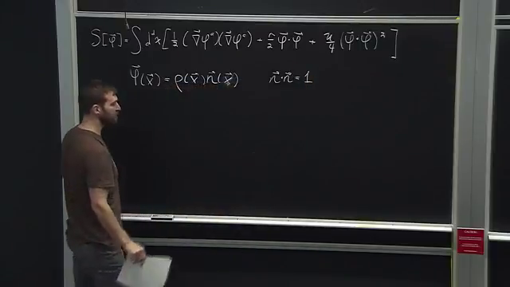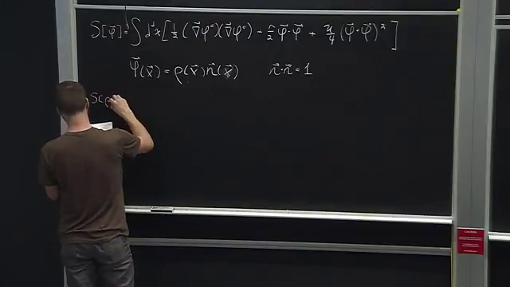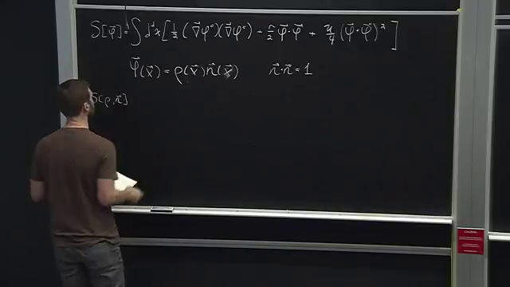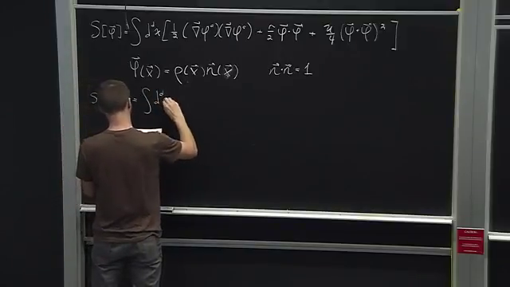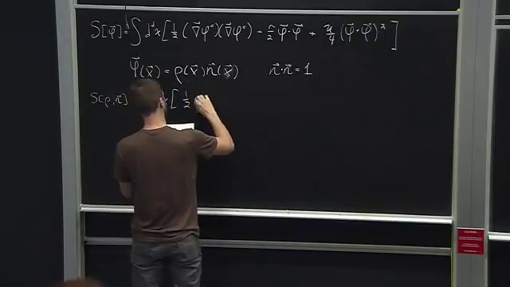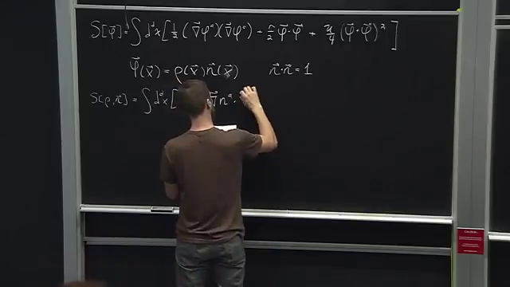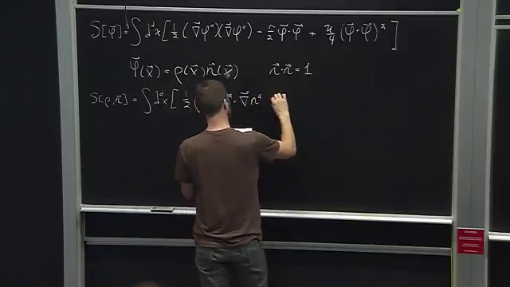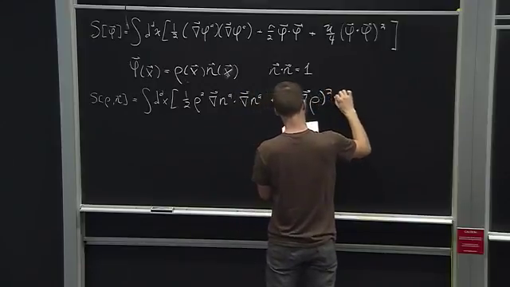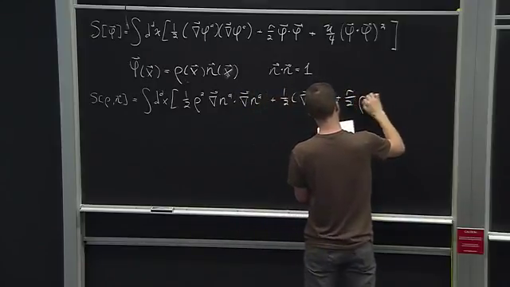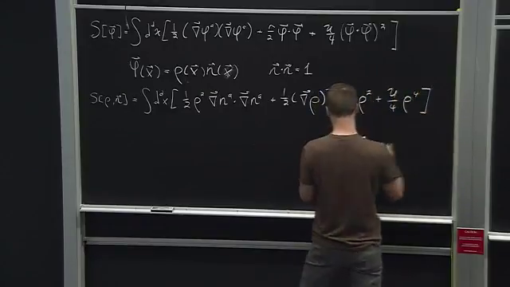It's a unit vector. So we use this to write the action in terms of rho and n. Like that.